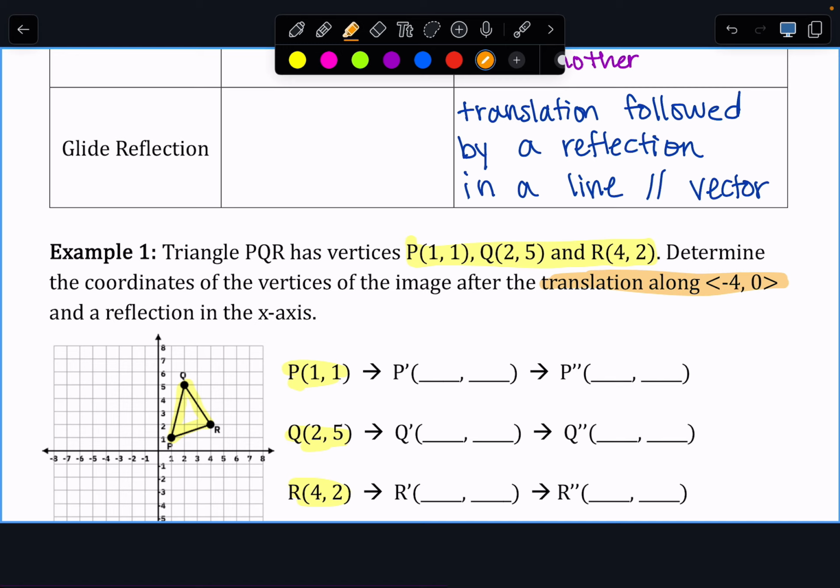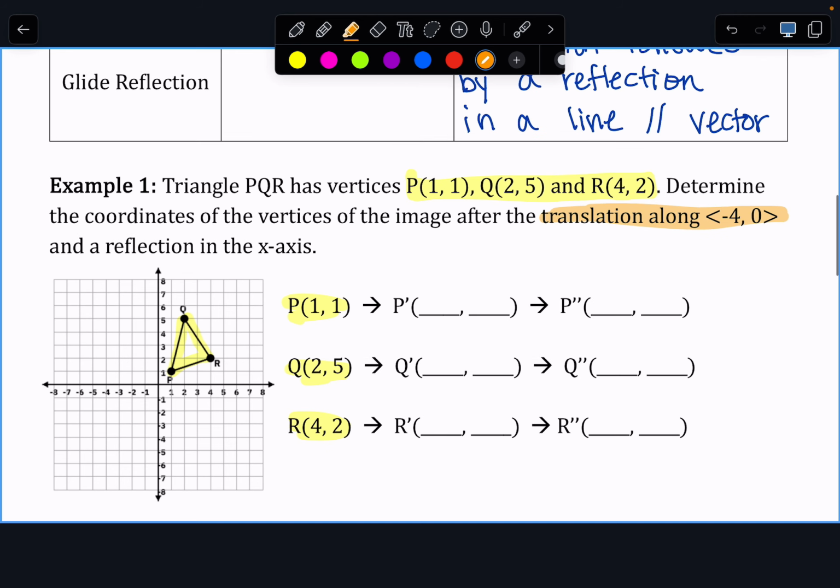So with each of those 3 points, we are going to move them left 4, up 0, and we're going to label those 3 new points. Okay? So let's do that. Left 4. Q, oh, I guess I did Q first. Q prime becomes -2, 5. P prime becomes -3, 1.